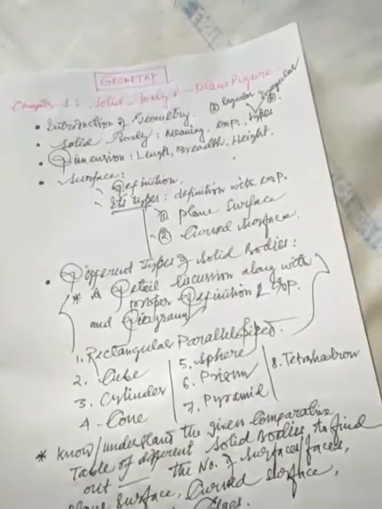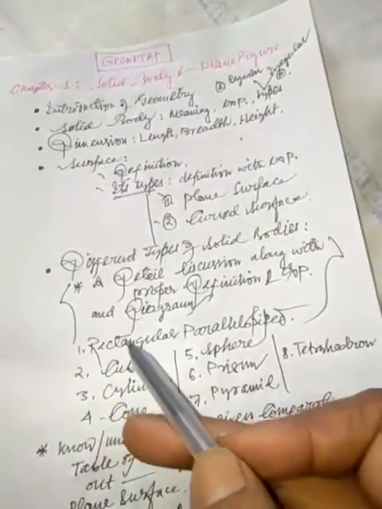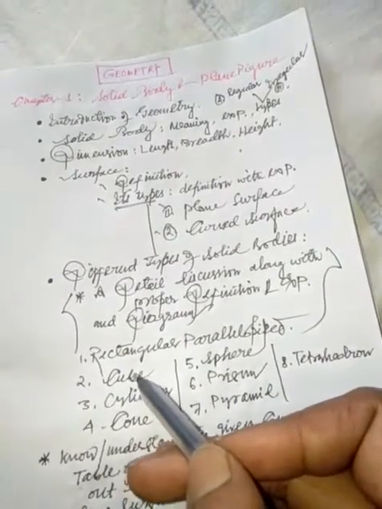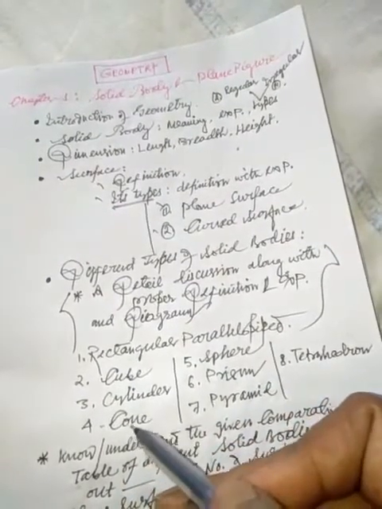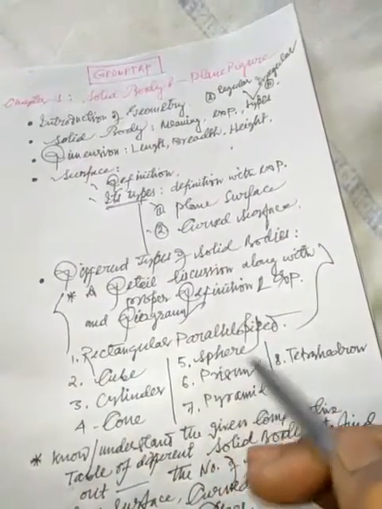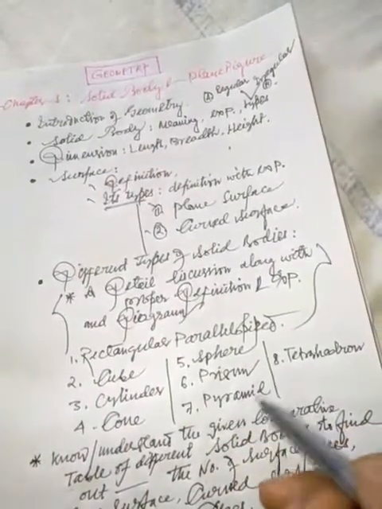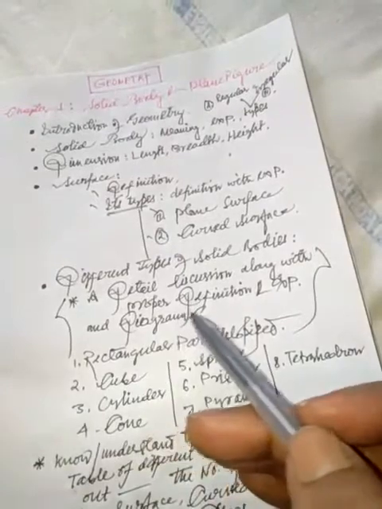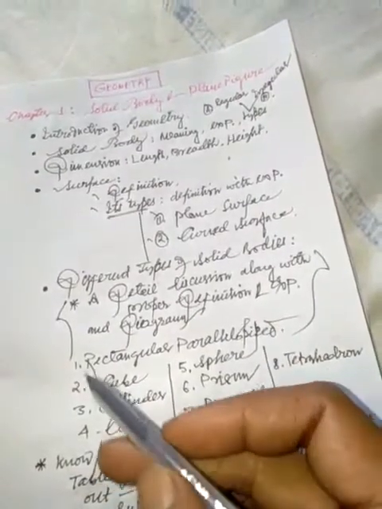So what are the different types of solid bodies? Number one, rectangular parallelopiped, second one is cube, third cylinder, fourth cone, fifth sphere, then prism, pyramid, and the tetrahedron. So these 8 types of different solid bodies we have to understand.